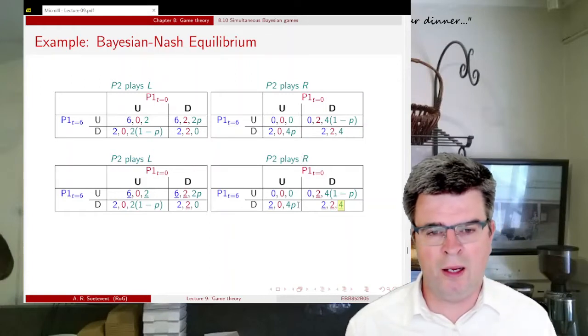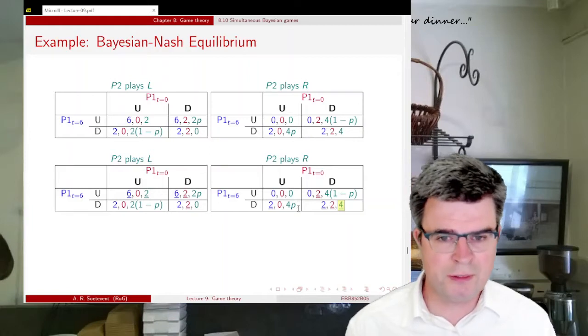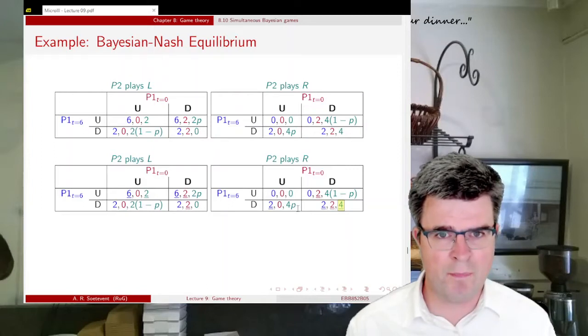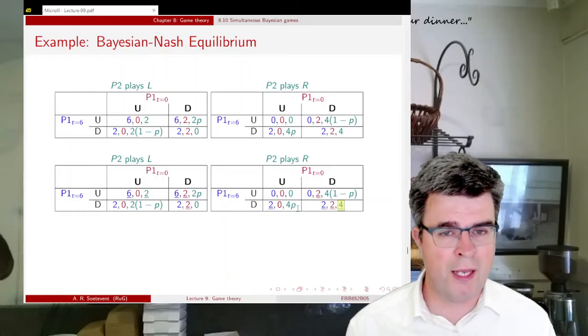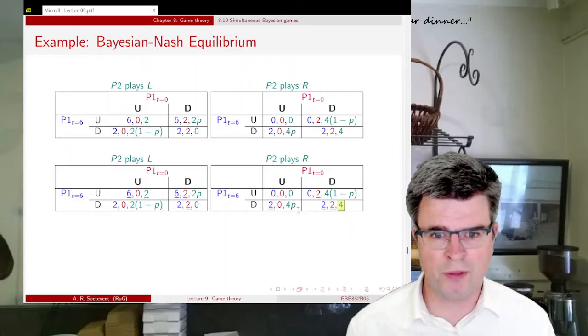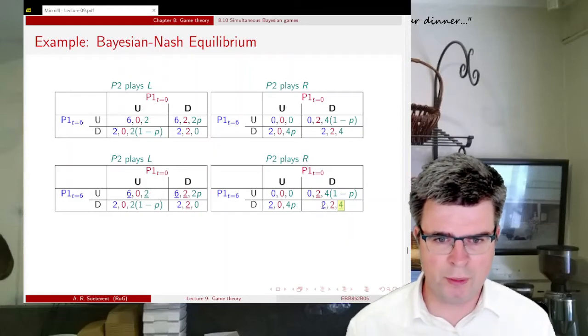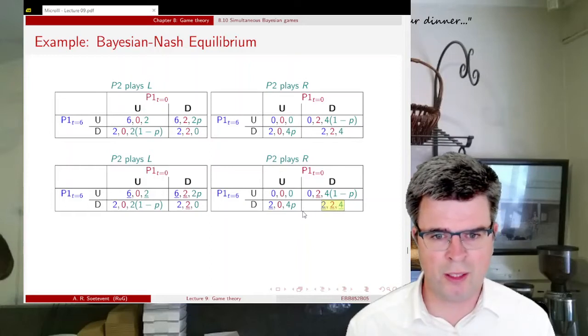After having done this, we can determine the Bayesian-Nash equilibrium by looking at the combinations of strategies that do not give any of the players an incentive to benefit by unilateral deviation. One thing we can see is that here we have all three numbers underlined.